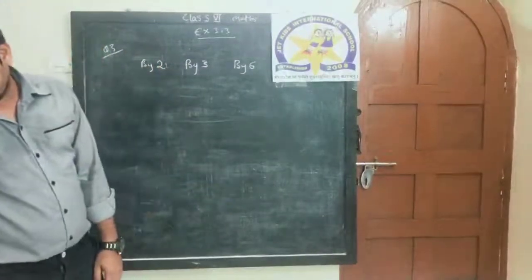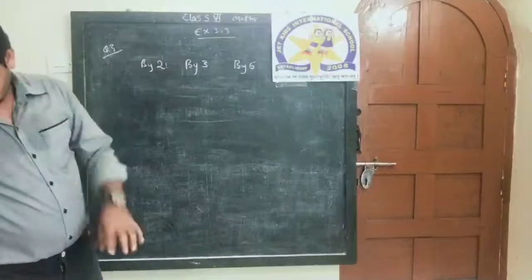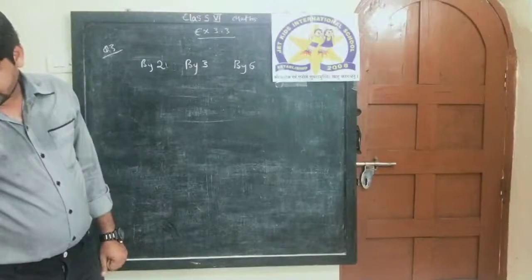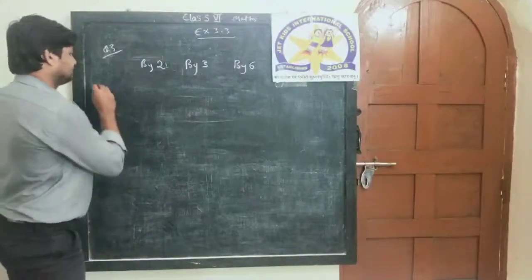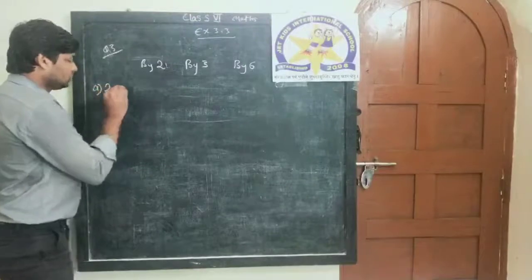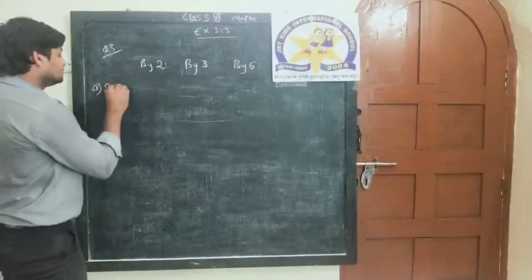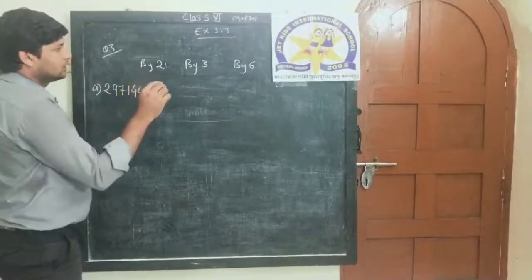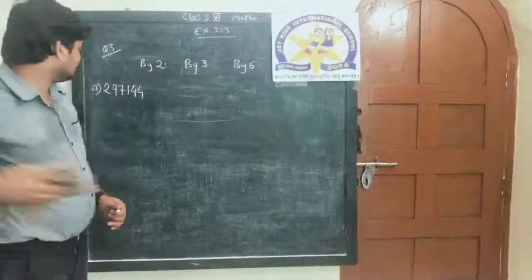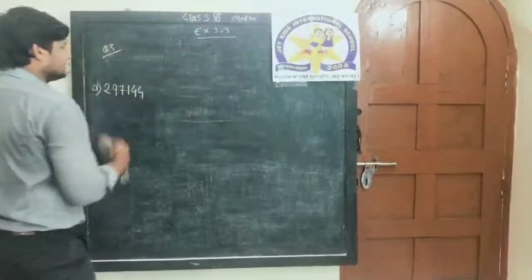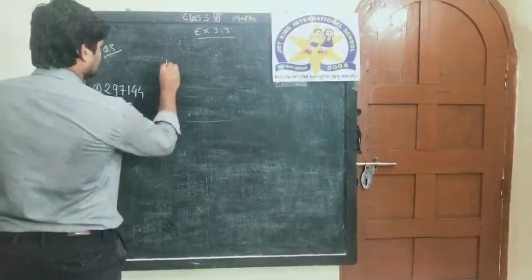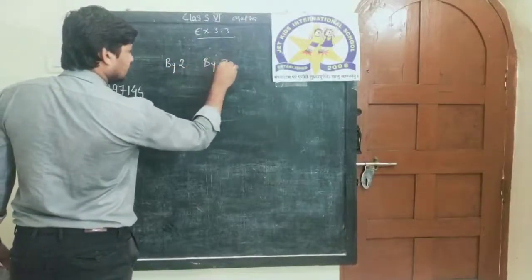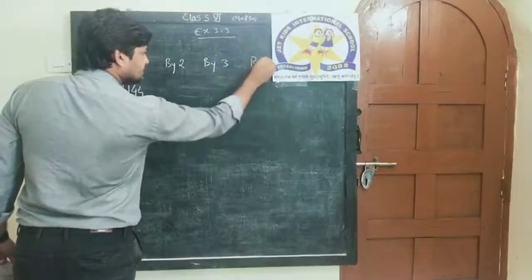So first question is 2,97,144. I will shift it a little: by 2, by 3 and by 6.